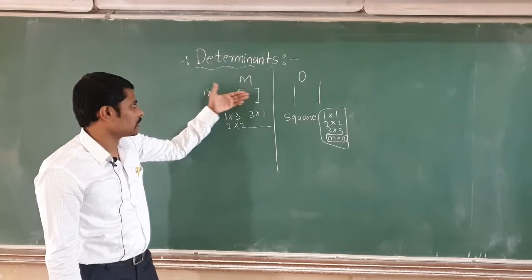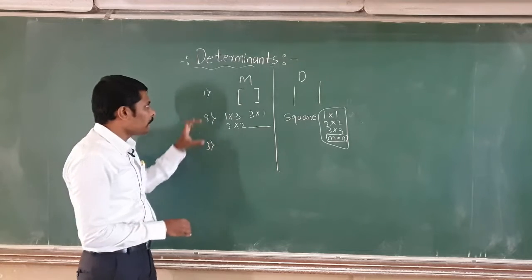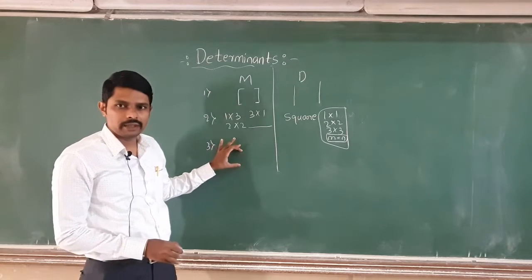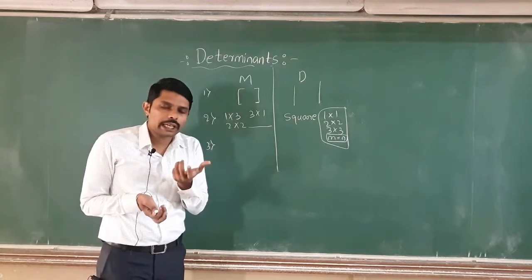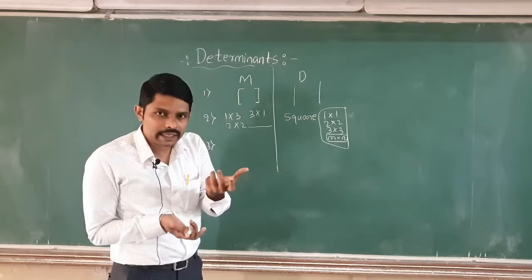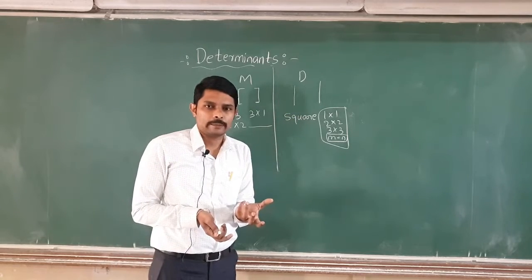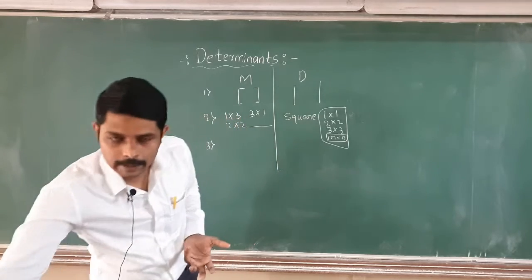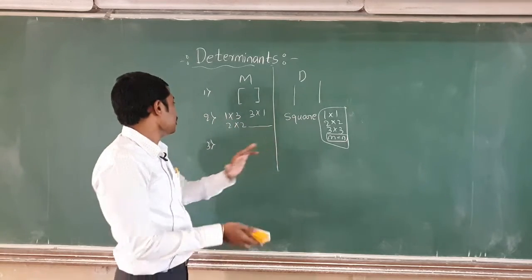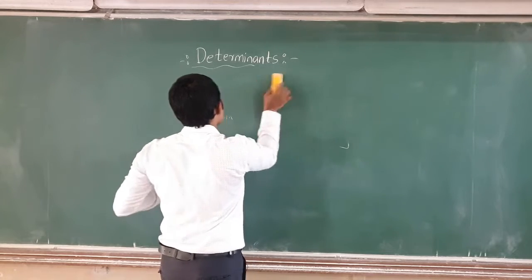First one is this one, second one is this. Then third one, matrix is just an arrangement. We cannot find the value of the matrix, but in a determinant we can find the value of the determinant. These are the three major differences between matrices and determinant. Now we will see how to find the determinant.